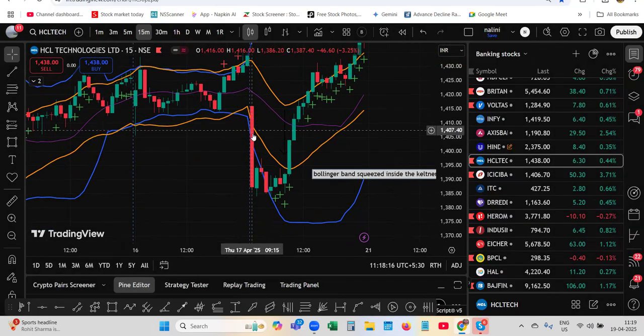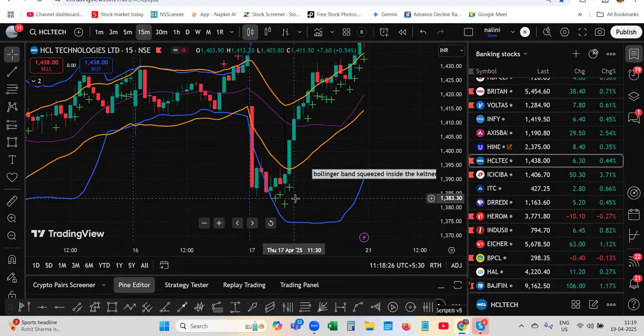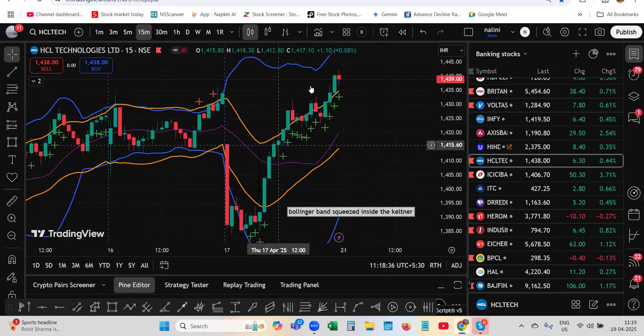Here you can see price came outside the Bollinger Band. That was uncontrollable. Next, price started moving inside the Bollinger Band, and it is showing the divergence. And then price started moving here, and this was a momentum in the market.